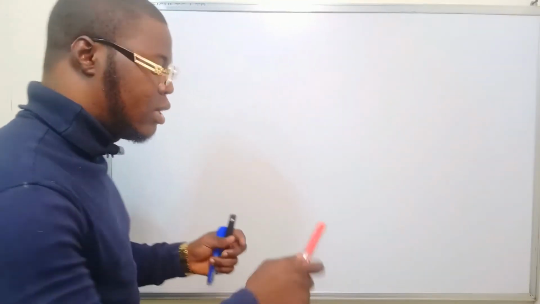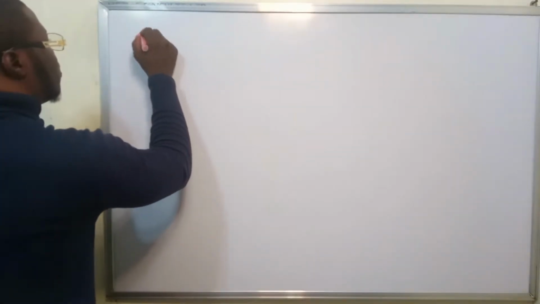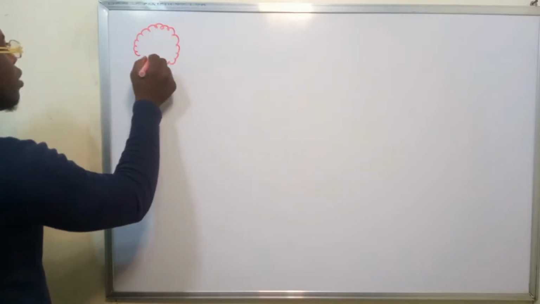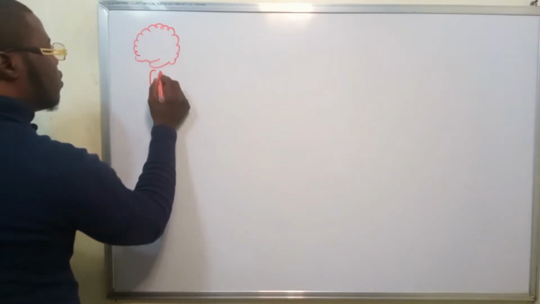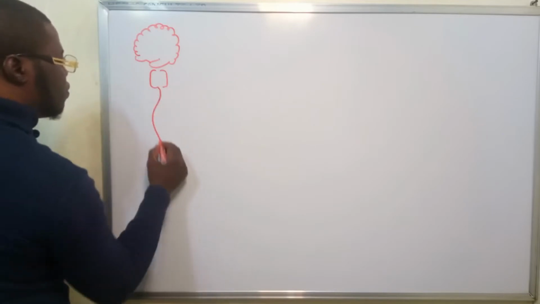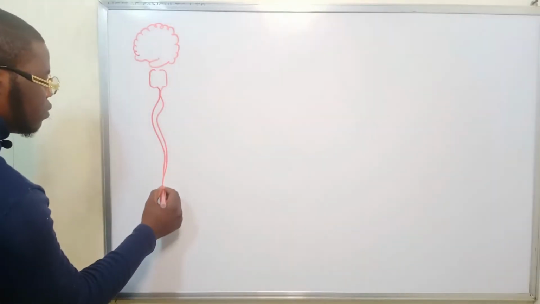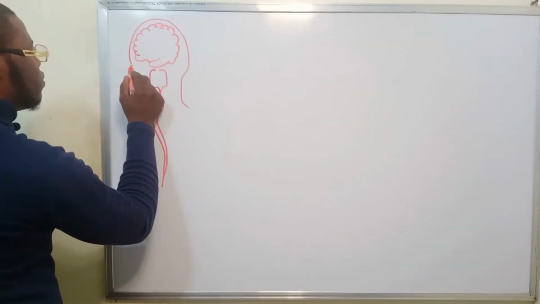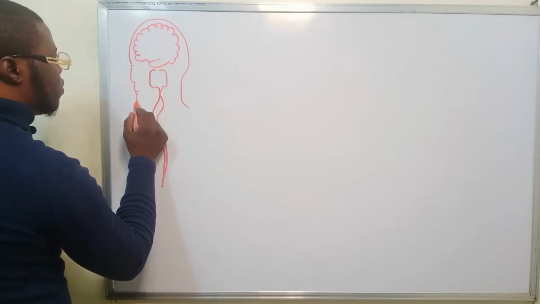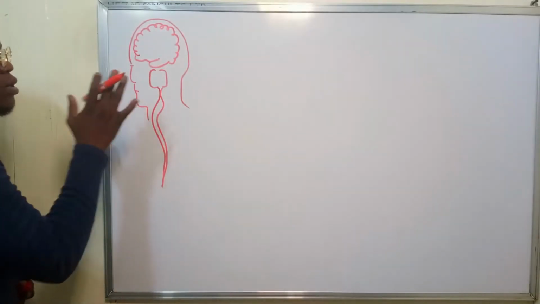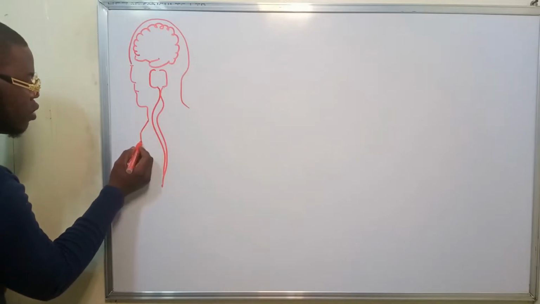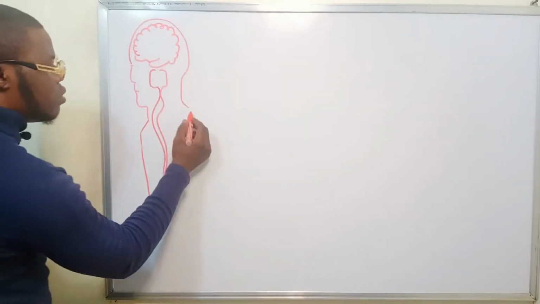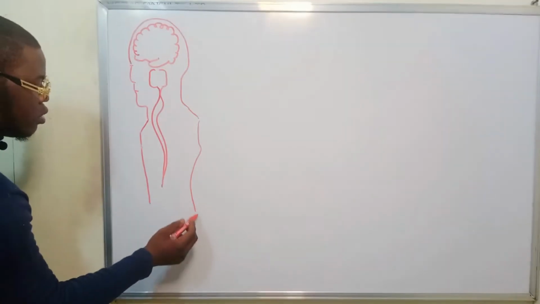Welcome back. Now, let's get started with the ascending pain pathway. Let's assume that we have an individual here, and let's assume this is the person's trunk, the person's back.